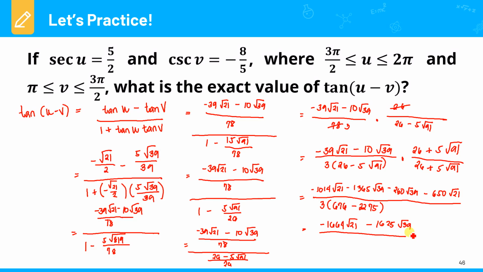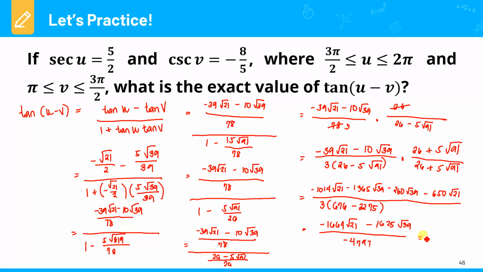676 minus 2,275 times 3, that's negative 4,797. So in other words, they are both divisible by 13.